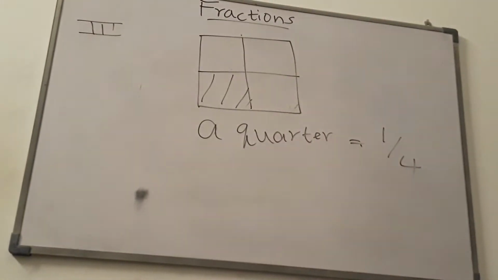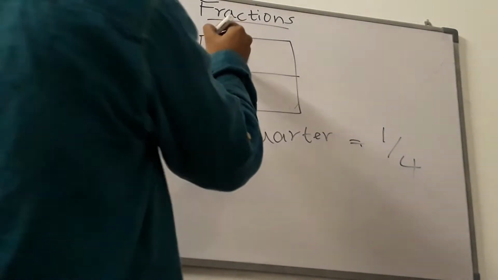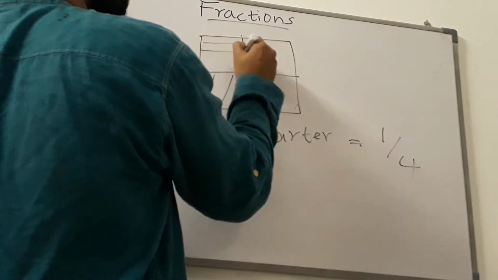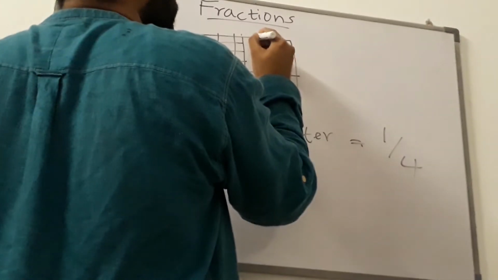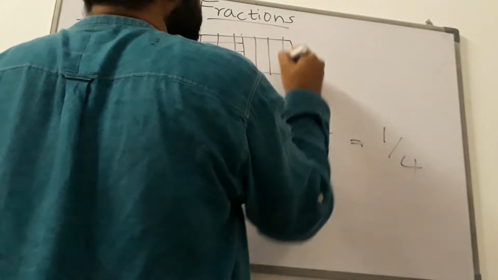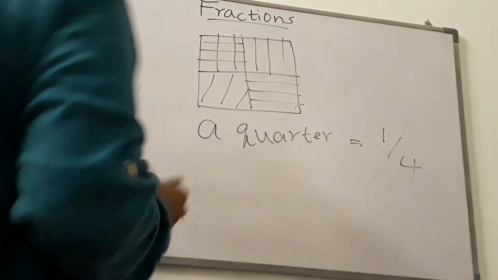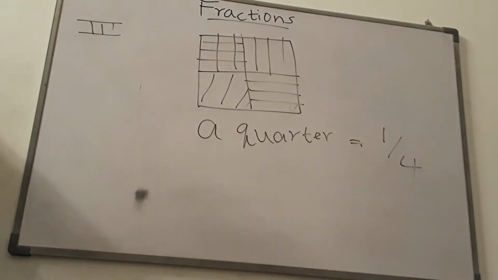A quarter means 1 out of 4. And there are 4 such quarters in a complete whole.